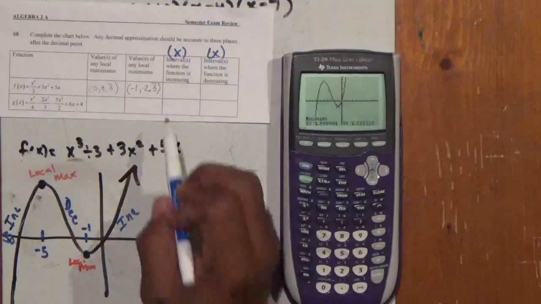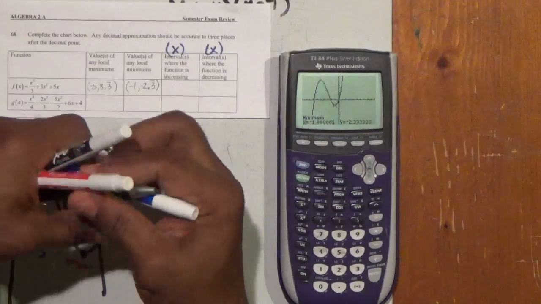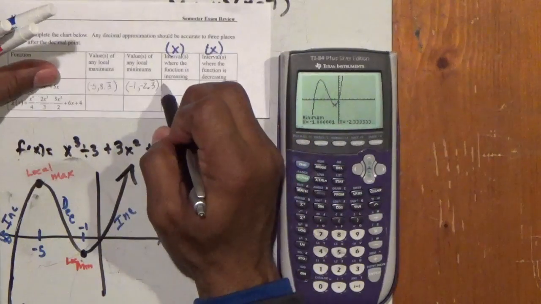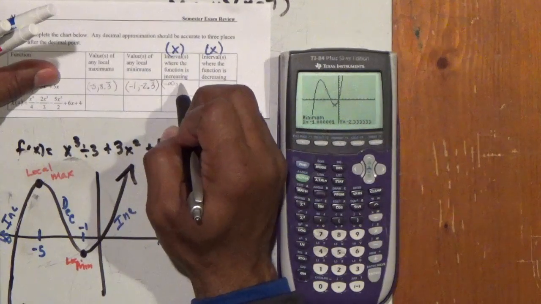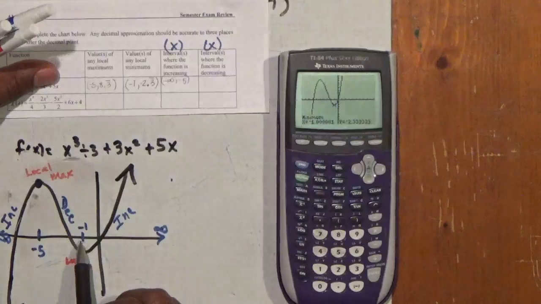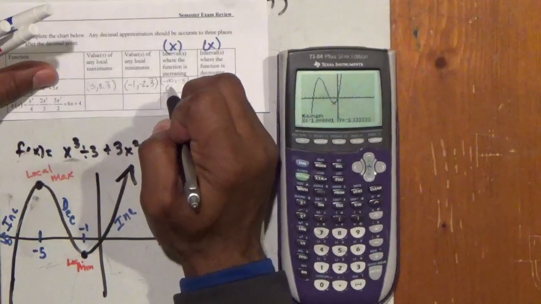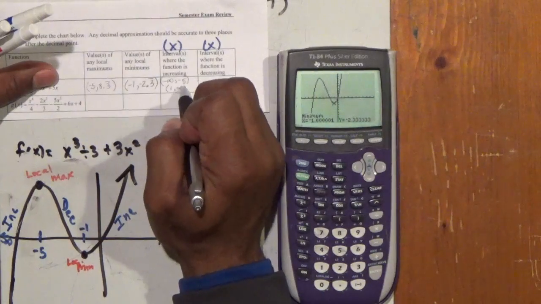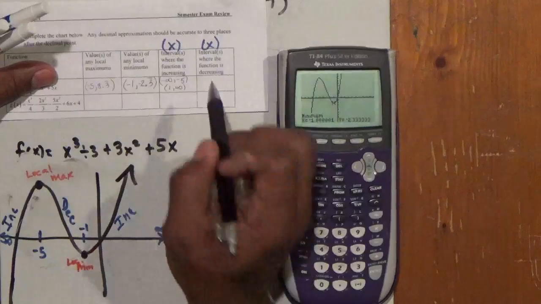Use a pencil. It's also increasing from 1 to infinity. It is decreasing from -5 to -1.